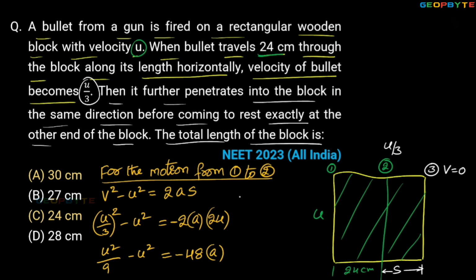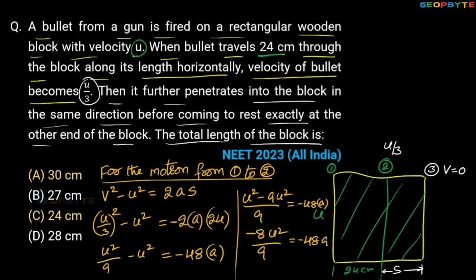It can be written as (u square minus 9 u square) by 9 equals minus 48a. Here minus 8 u square by 9 equals minus 48a. Here the negative sign is cancelled.